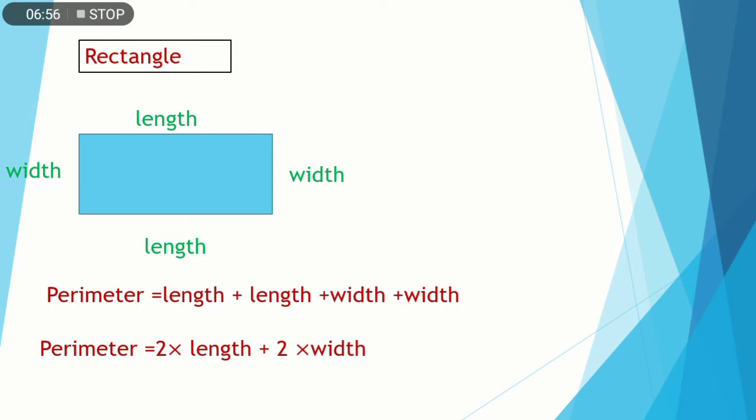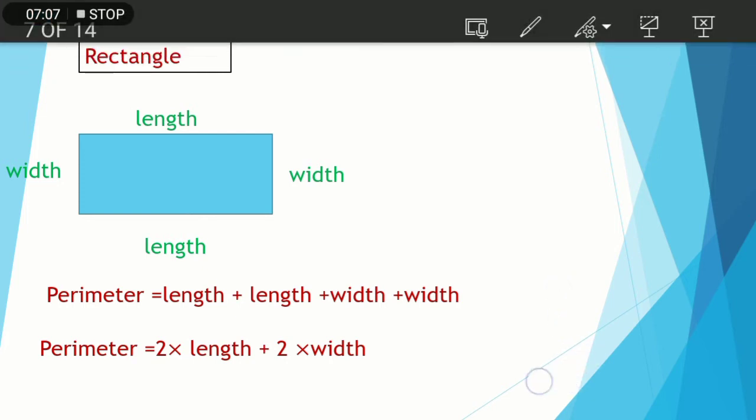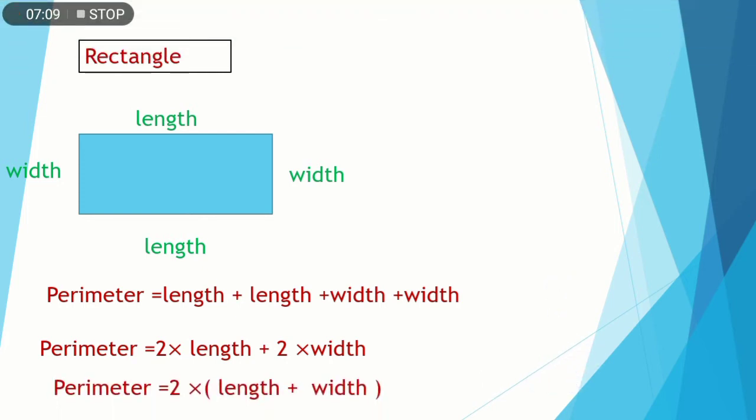I have 2 lengths and 2 widths. I will take the 2 as a common factor outside. Now perimeter equals 2 times length plus width. Now the rule is 2 times length plus width.